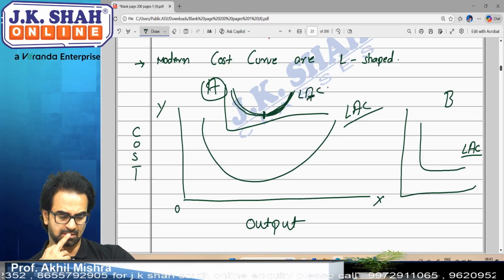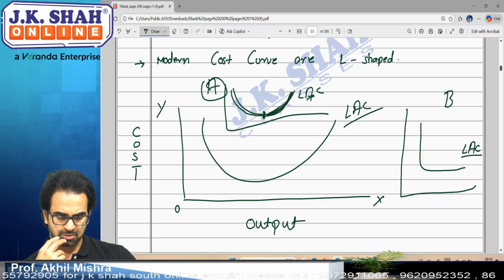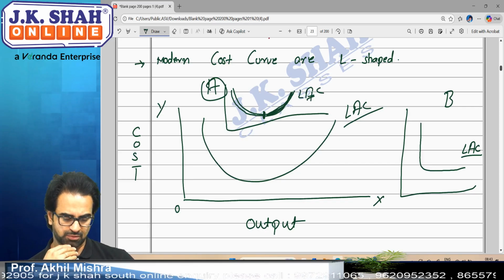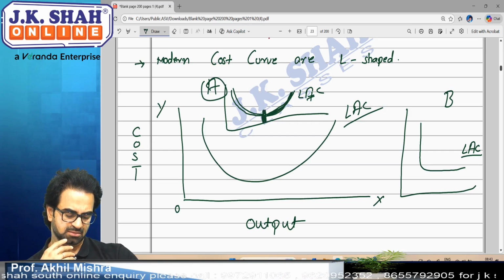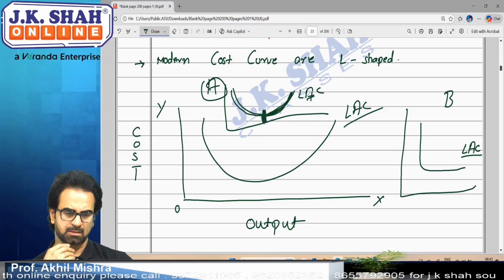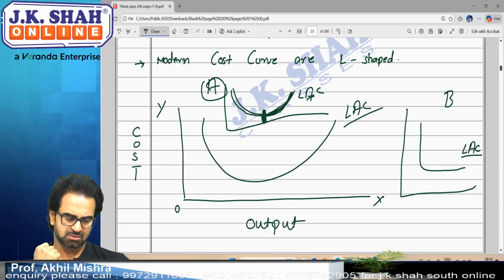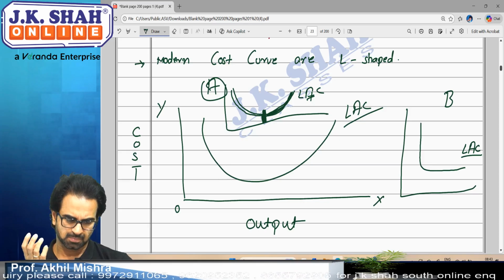So it's a LAC, long run. You understand? So it's not good. Of course, the business person wants to be at the lowest cost, but that's not in his hand because of market demand and supply, or we call it market forces. It keeps changing. The cost curve goes up.